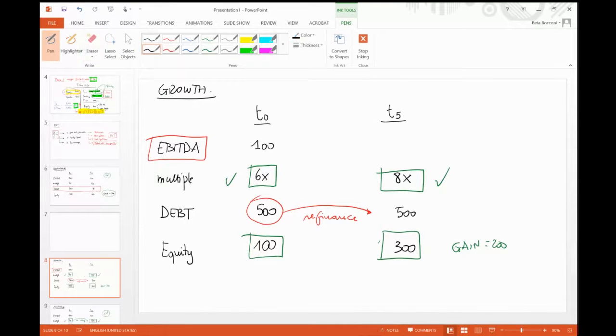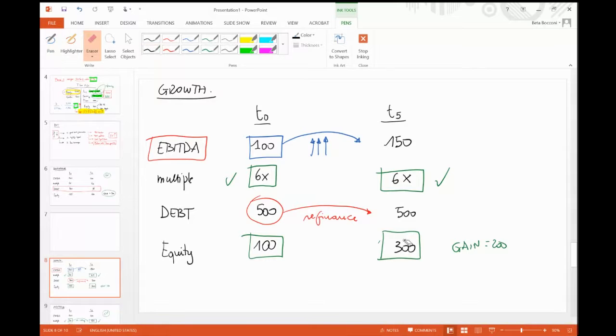I can also be happy in having the same level of multiple at entry. And I can also get rid of the leverage because I can also refinance. What I'm interested in is to try to lift EBITDA up. And this is strategy, guys, industrial strategy. For example, lifting EBITDA to 150.